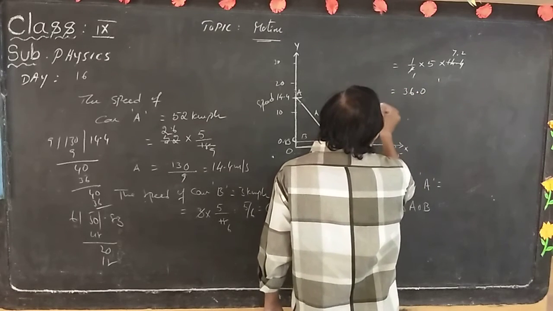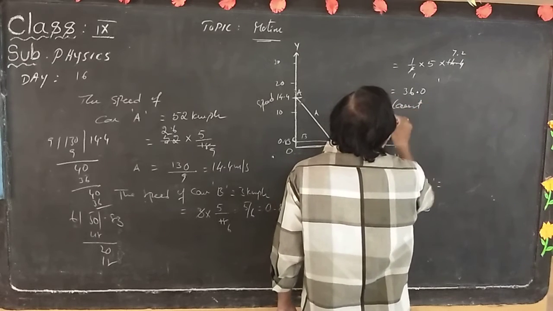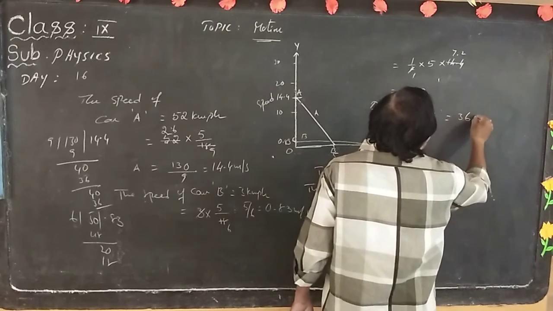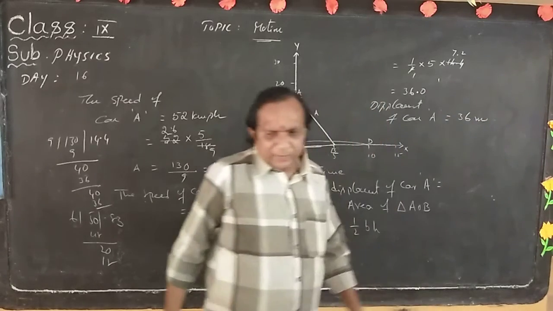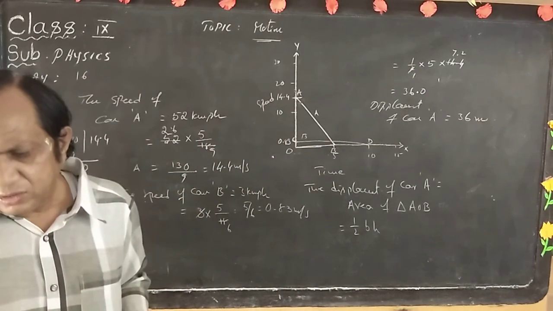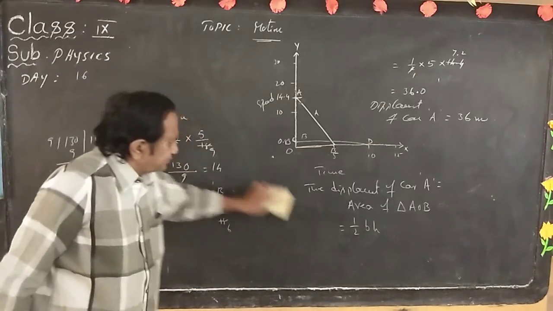So the displacement of car A is equal to 36 meters. 36 meters.